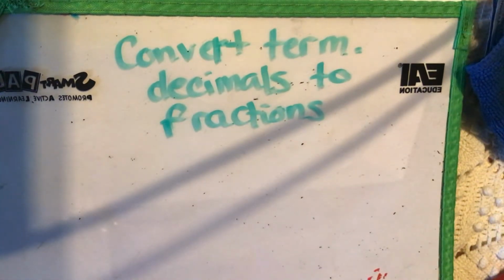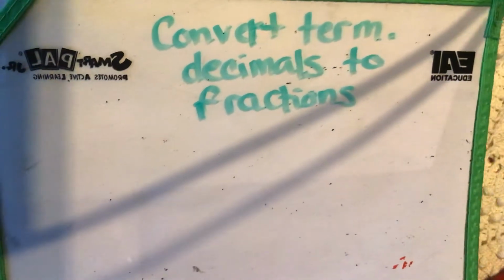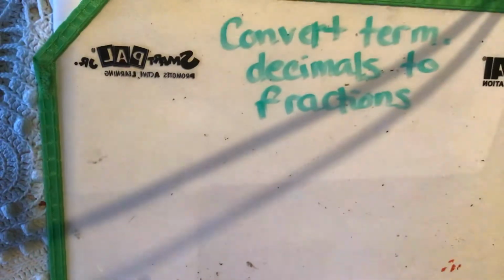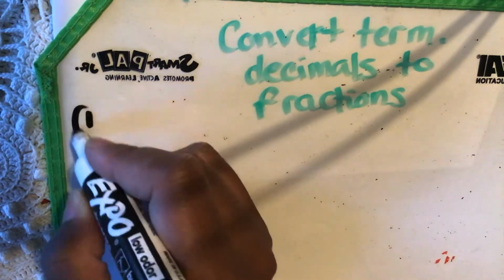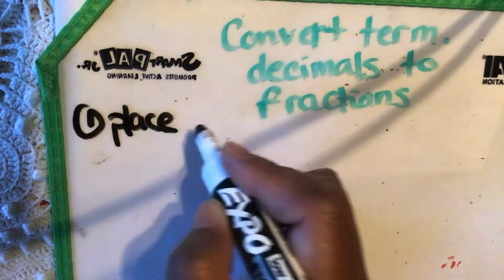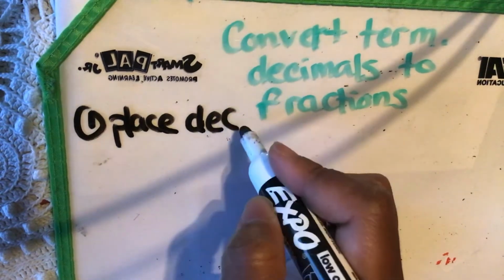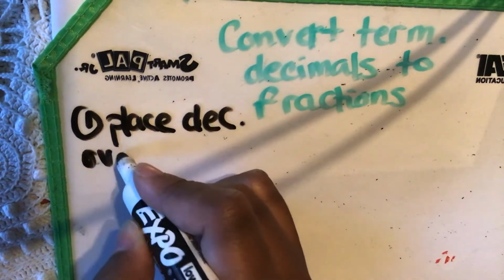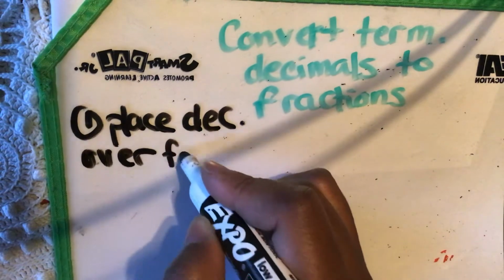Today we're going to be talking about how to convert terminating decimals into fractions. There are a few steps that I will give you in order to make this process easier. First step is you're going to place your decimal over a fraction bar.